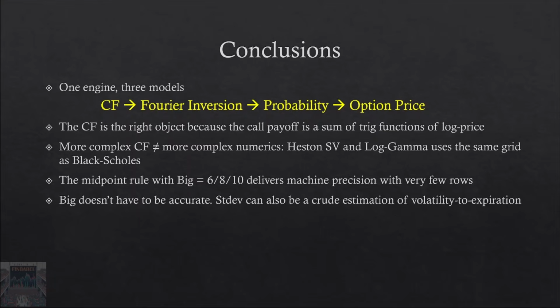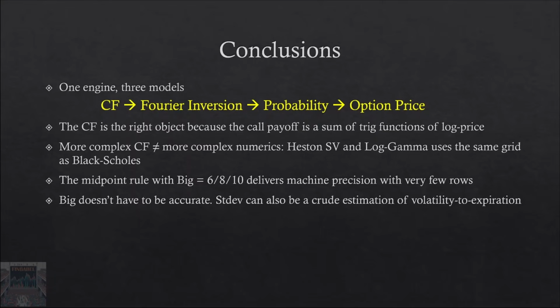The structure is always the same. We start from the characteristic function, apply Fourier inversion, recover probabilities, and then compute the option price. So the entire pipeline is characteristic function, to Fourier inversion, to probability, and finally to option price.